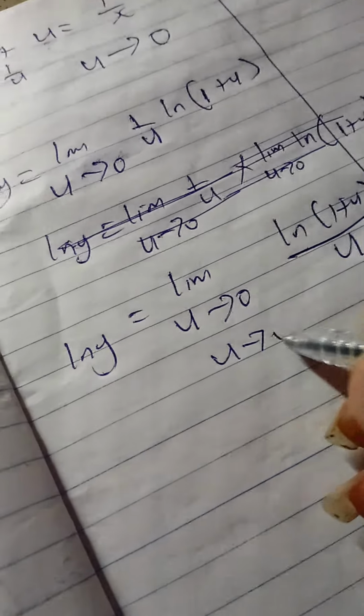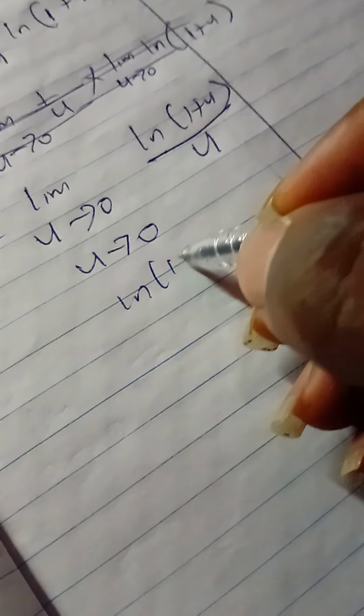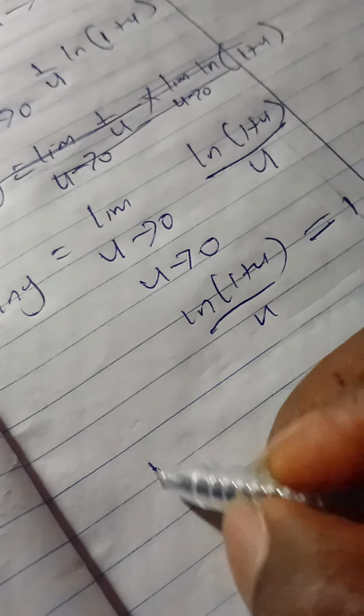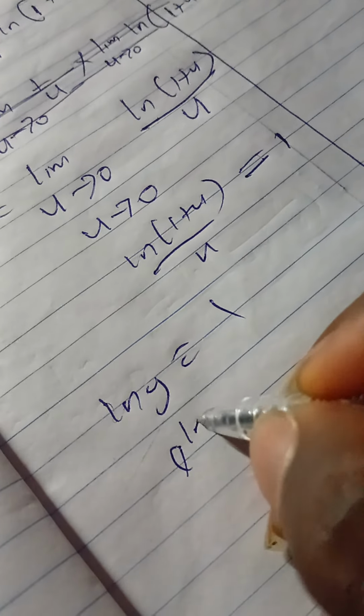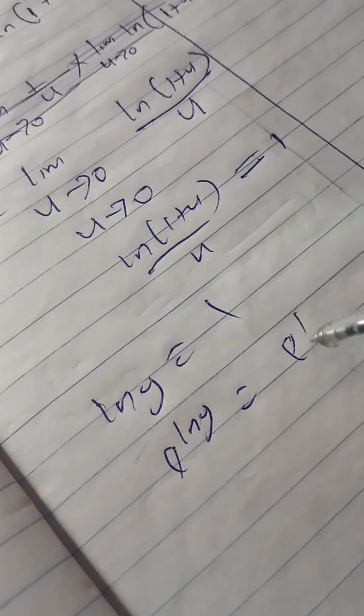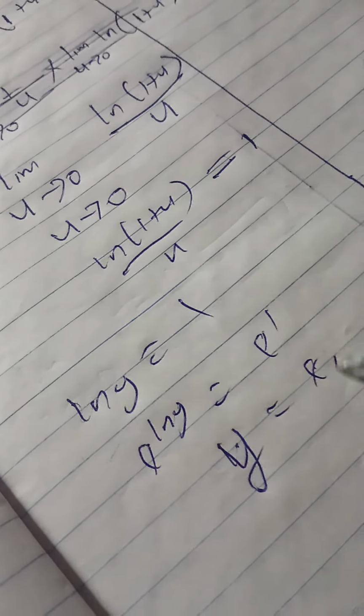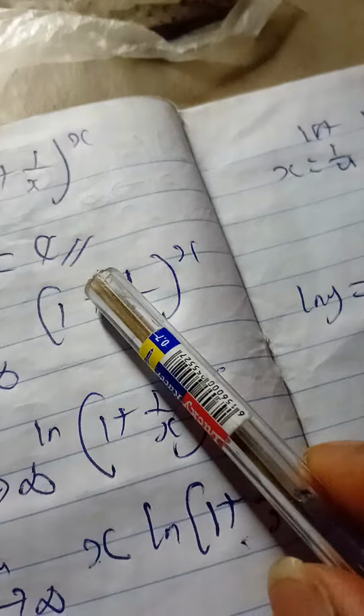So as your u tends to 0, ln (1 plus u) over u tends to 1. So your ln y now equals 1. Exponentiate both sides: e raised to the power ln y equals e raised to the power 1. So y equals e. You can see we get e. So that's that for that.